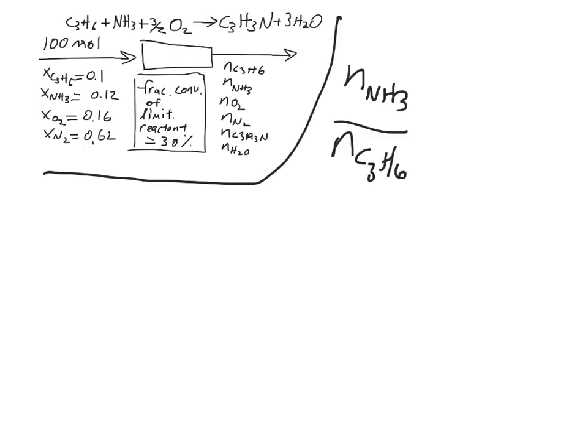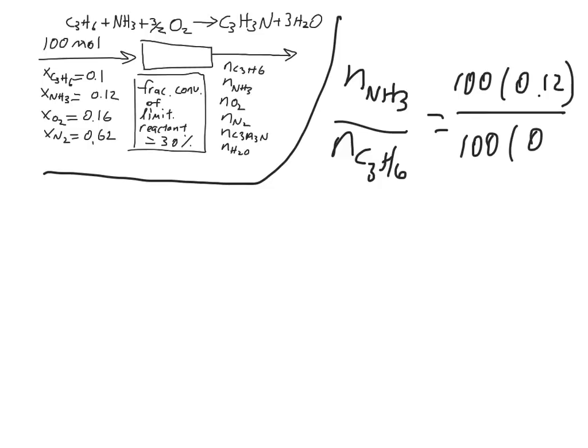Those are 2 reactants coming in, and that would be 100 times 0.12 over 100 times 0.1. This is just the number of moles coming in, 100 times the mole fraction. The units are moles and moles, but they cancel out.